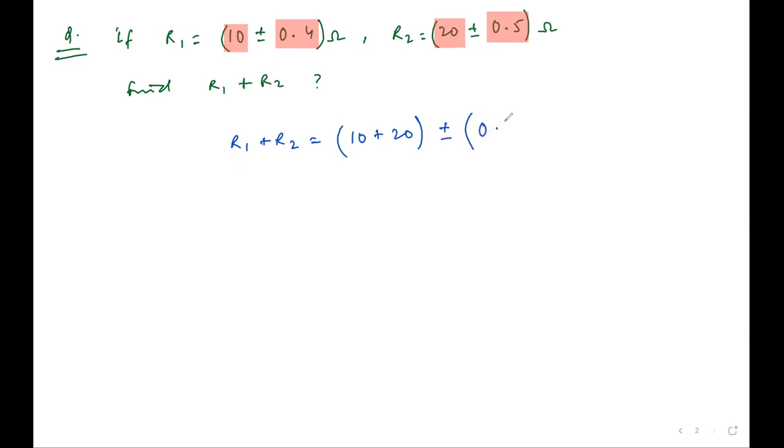So it will be 0.4 plus 0.5. So in total, it will be 30 plus minus 0.9 ohm. So this is how we simply add any two terms which have error.